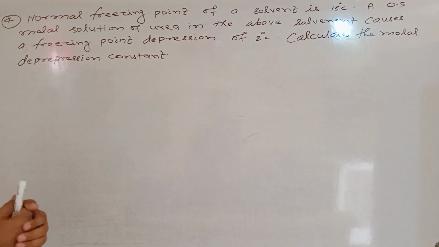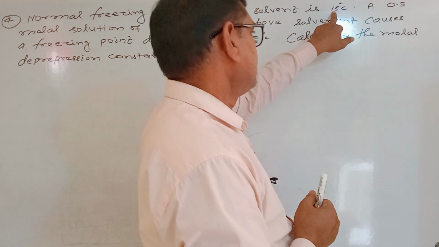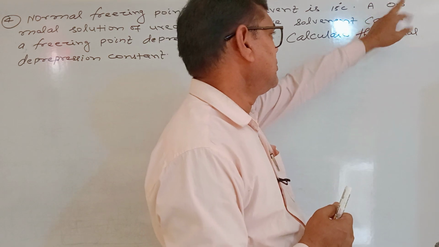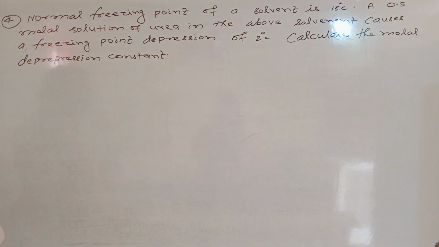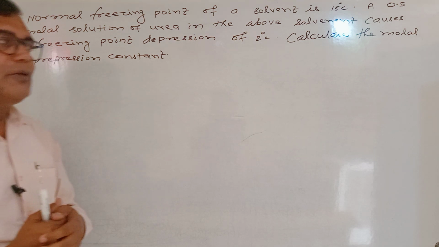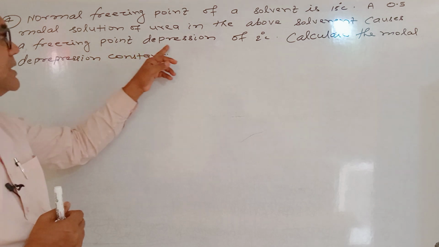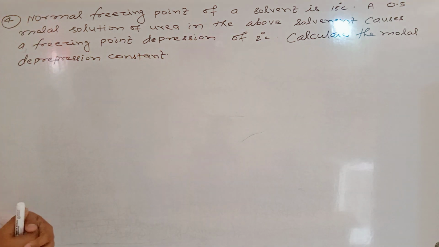Normal freezing point of a solvent is 15 degrees Celsius. A 0.5 molar solution of urea in the above solvent causes a freezing point depression of 2 degrees Celsius. Calculate the molar depression constant.